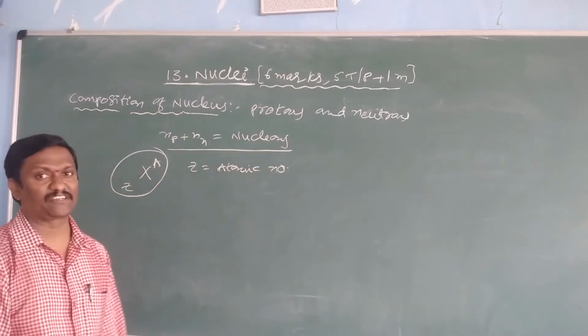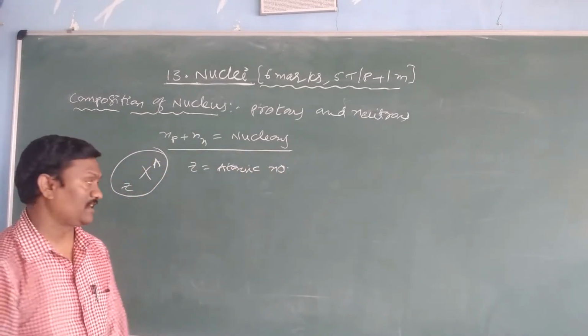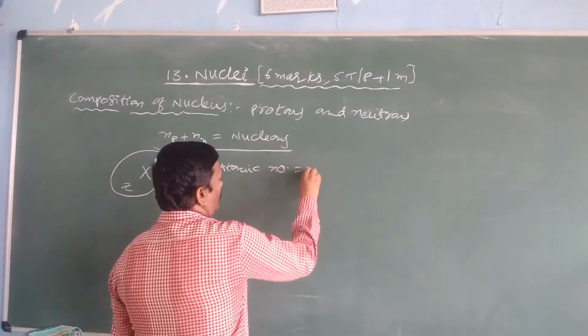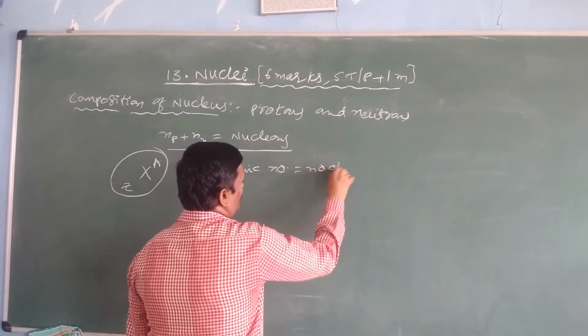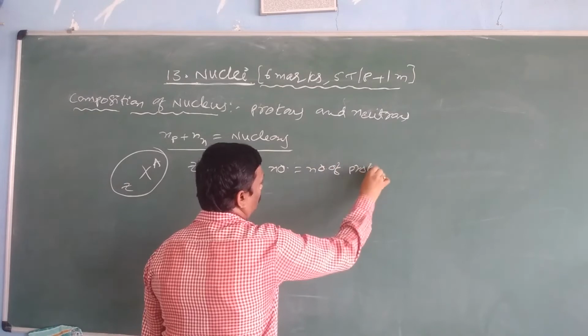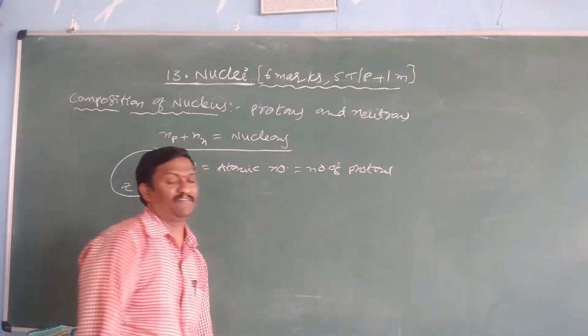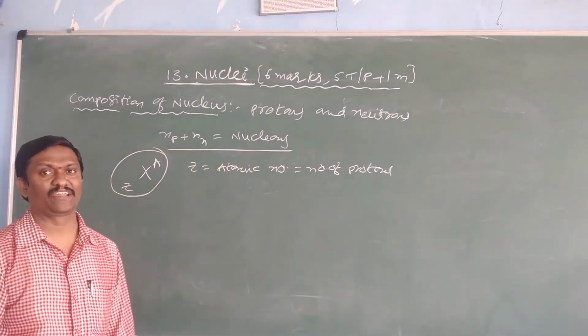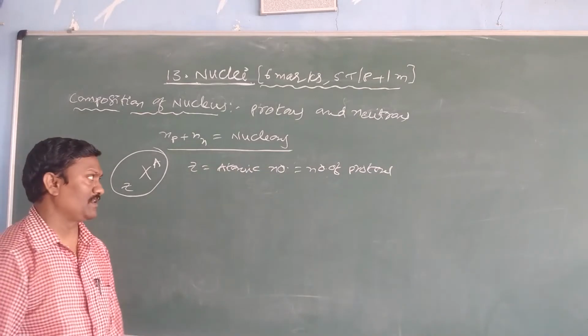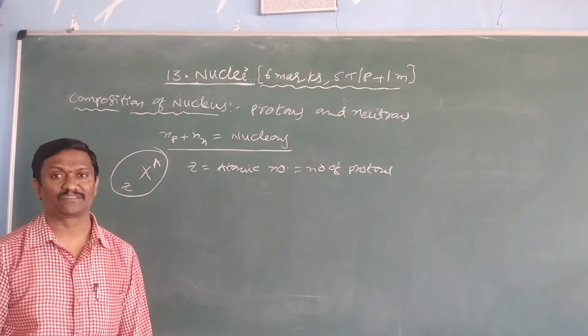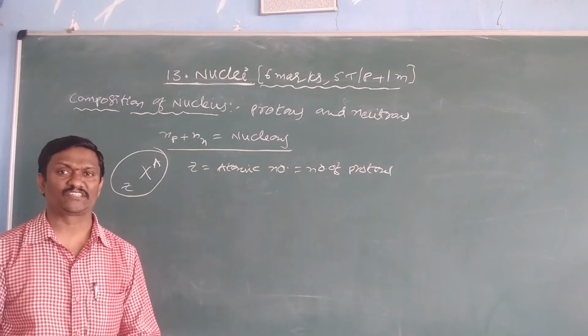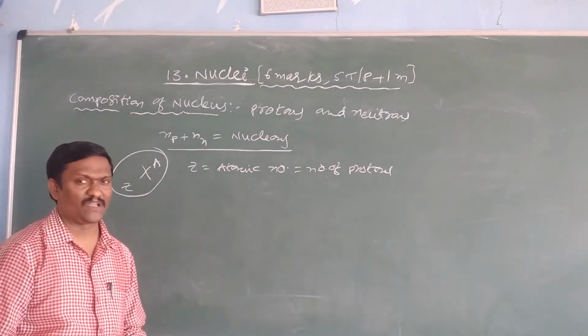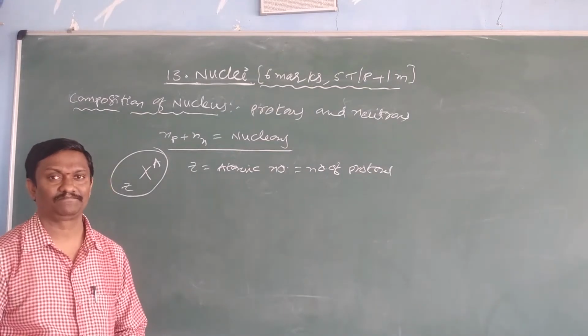And what is meant by atomic number? Atomic number is the number of protons inside the nucleus. Atomic number always depends on the number of protons. If the number of protons is more, the atomic number is more. If the number of protons is less, the atomic number is less.